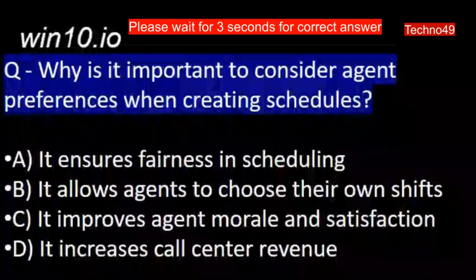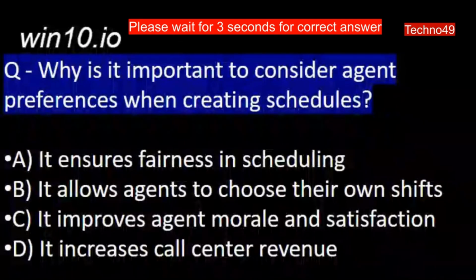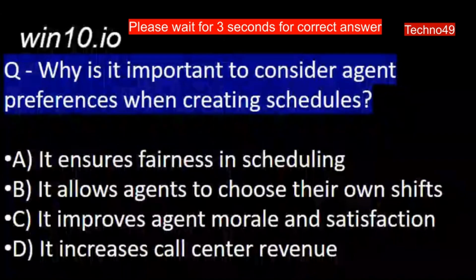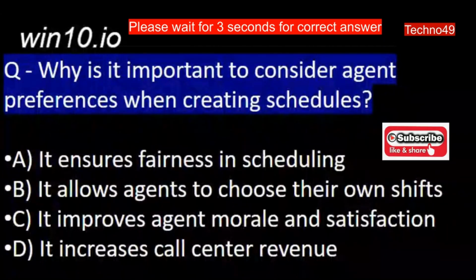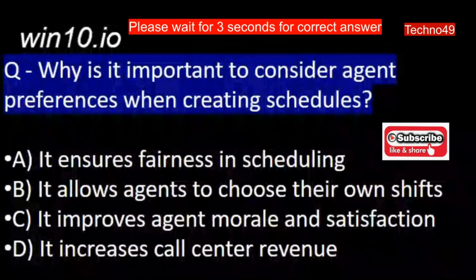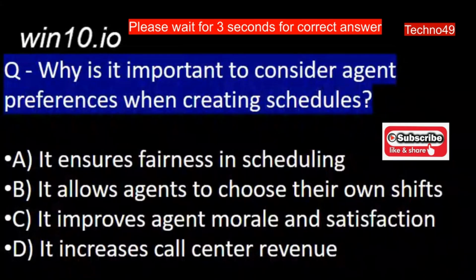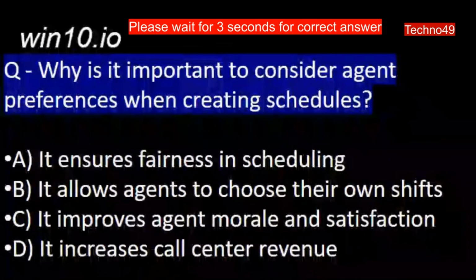They are being valued, they are being motivated to do the work that has been assigned to them, and that will definitely help to increase the productivity for the agent along with the productivity for the call center, and that will lead to higher revenue. So we need to cater to the requests given by the agents according to the business requirement.